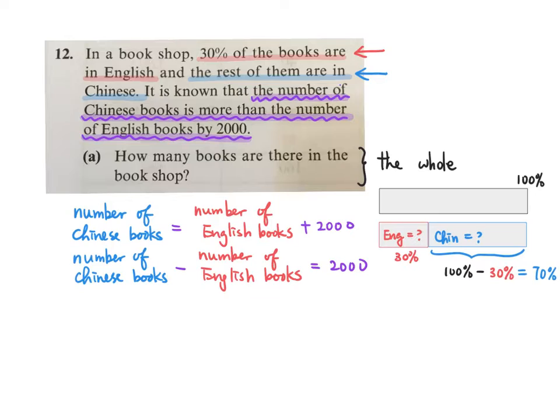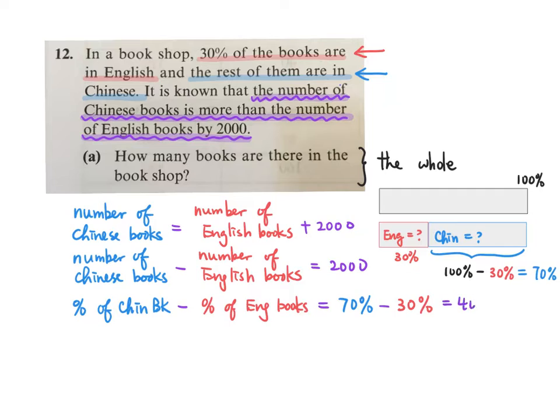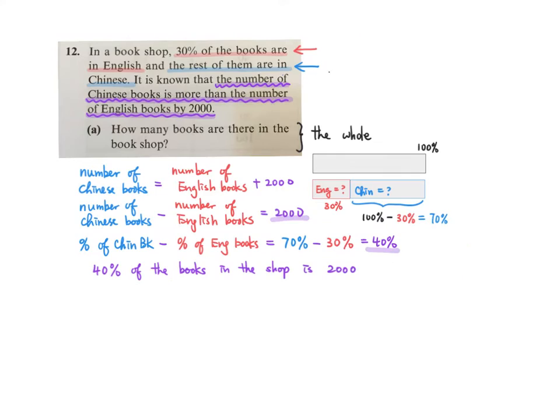Let's consider the difference of the percentage of Chinese books and English books. Here we have 70% minus 30%. That is 40%. So now 40% of all the books in the bookshop would be equal to 2,000.